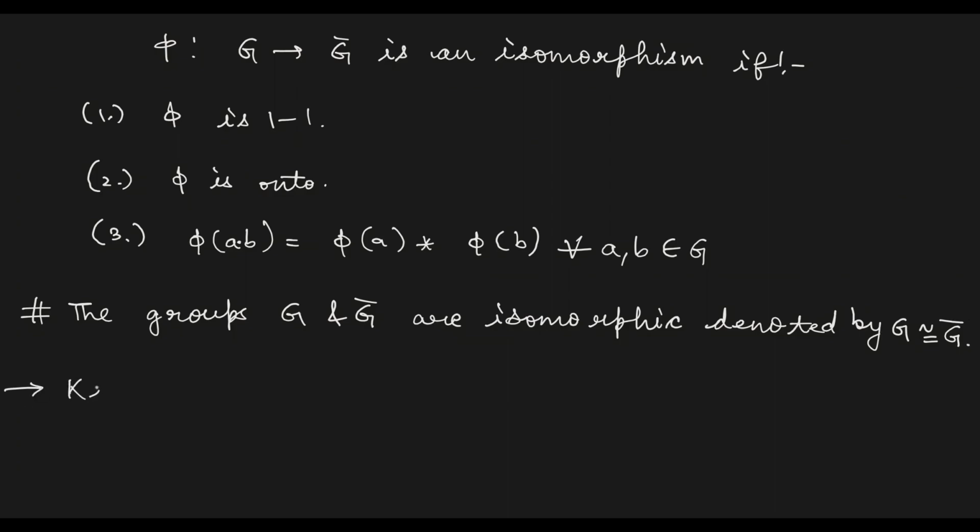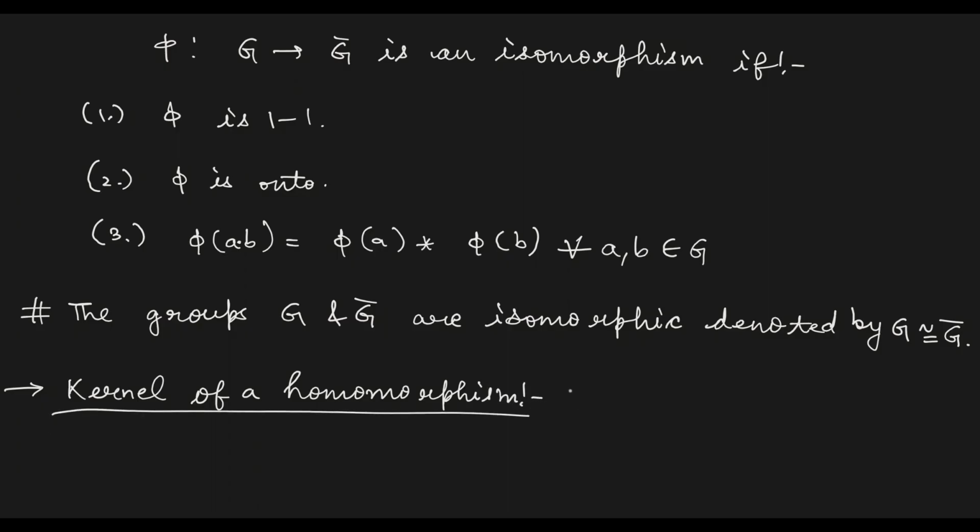Next, kernel of a homomorphism. Let phi mapping from G to G bar be a group homomorphism.